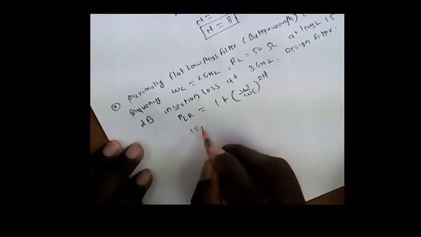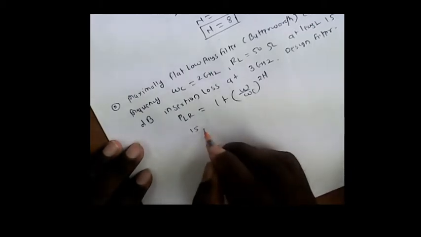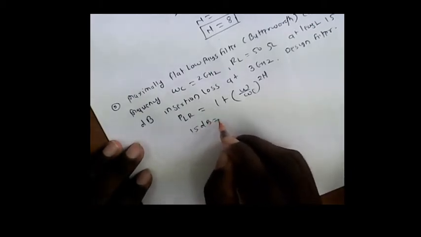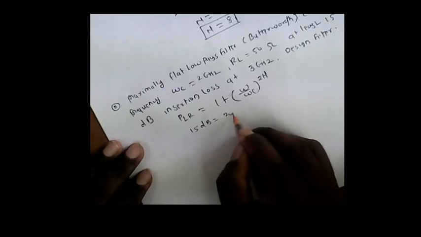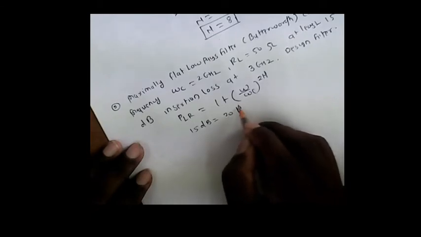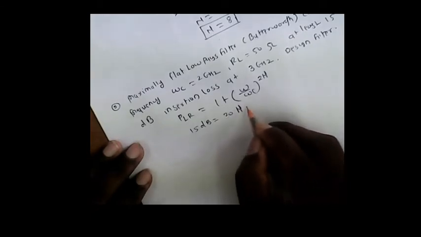Here 15 dB is given, so we put it in log form, with omega equal to 3 GHz.